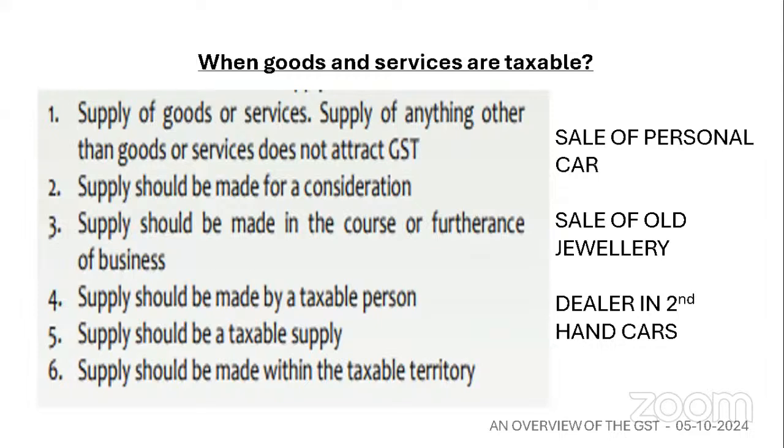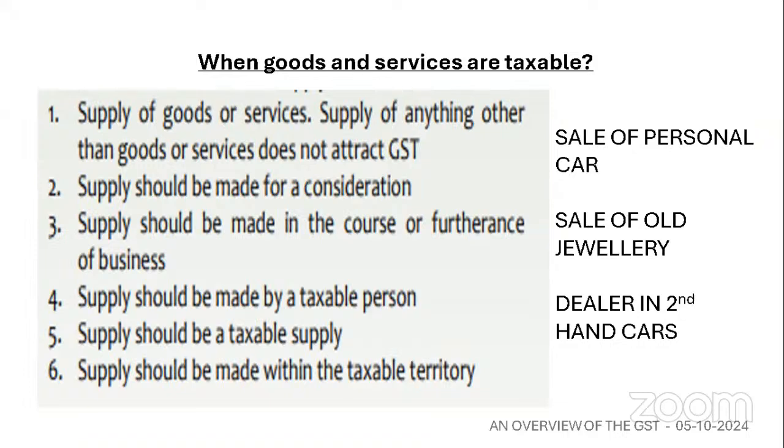So, the GST law says that if you have one registration in Karnataka and another registration in Tamil Nadu, you have two registrations under the GST law. The GST law requires you to get registration in each and every state where you carry out business.